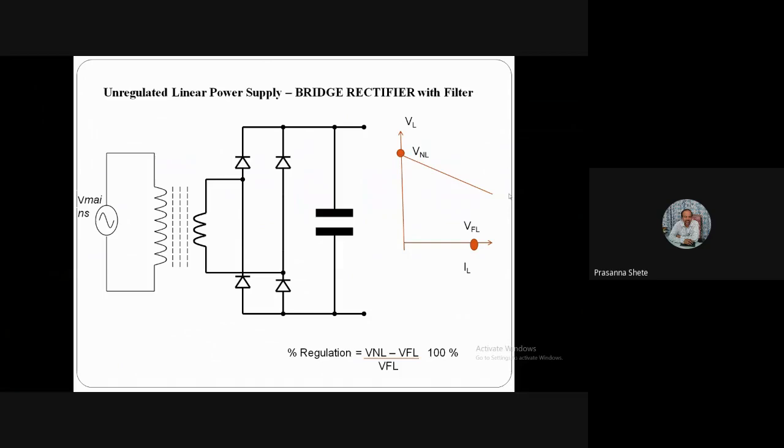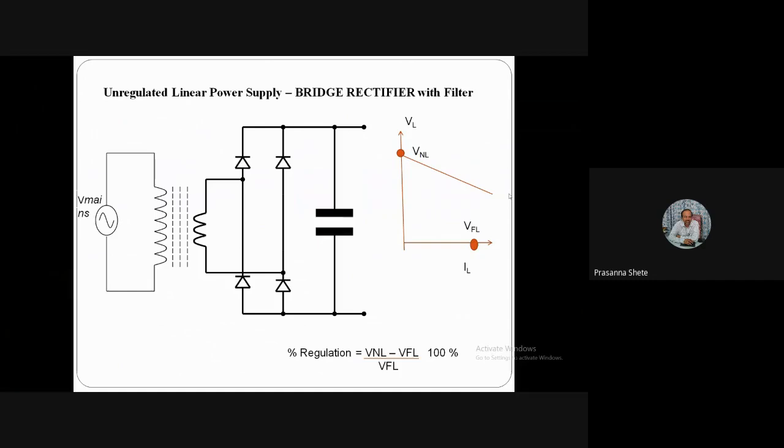Then if we want to go more in detail, this particular diagram of unregulated linear power supply consists of a step down transformer, then we have bridge rectifier with 4 diodes and filter circuit. So the output which we are going to get, a DC, is going to be unregulated.